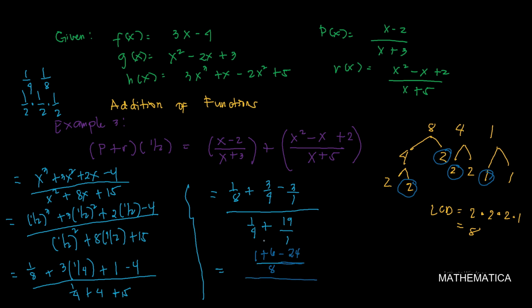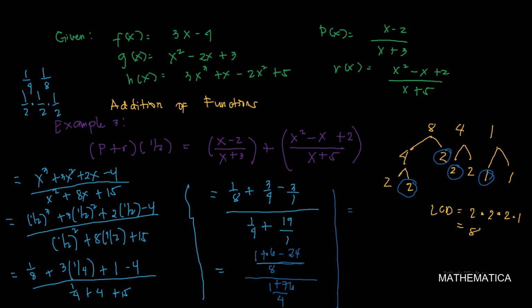Over, ang ating denominator, ang magiging LCD natin dyan ay 4 since meron lang naman tayong 4 and 1. Okay, so 4 divided by 4, 1. Multiply by 1, 1. 4 divided by 1 is positive 4. Multiply by 19, positive 76.